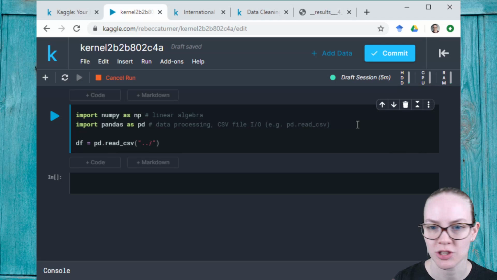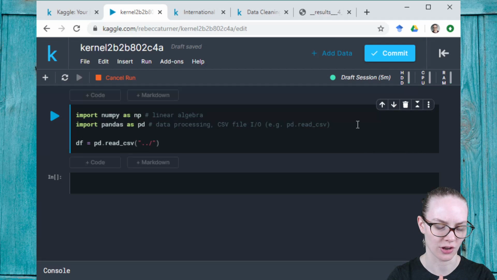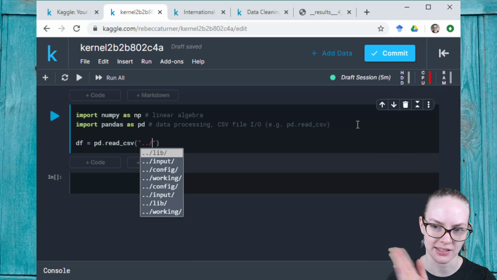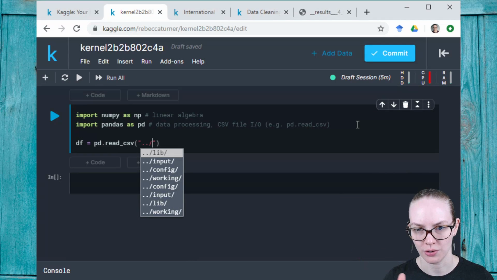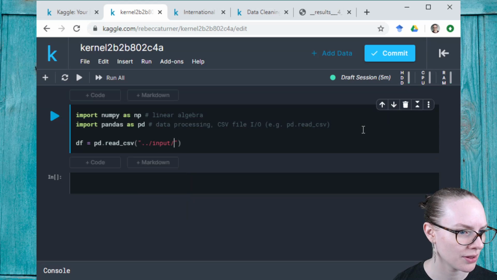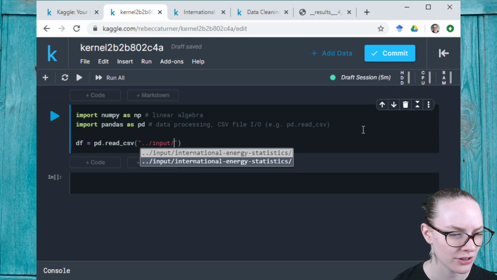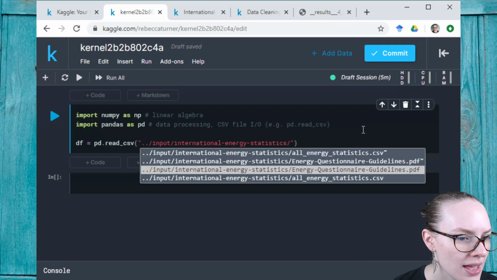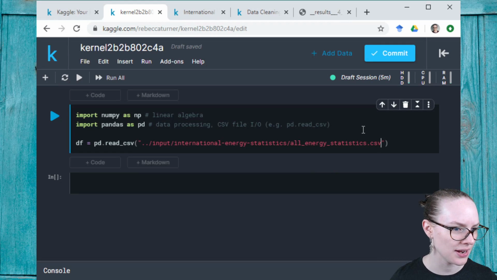And then I'm hitting dot dot, which says look in the directory above our current directory, and then slash says I want to pick a directory within that directory, and input is the one that we want, and then international energy statistics, and I'm just hitting tab to show all the possible completions, and then all energy statistics.csv, there we go.